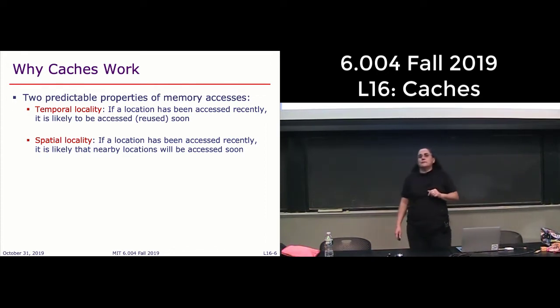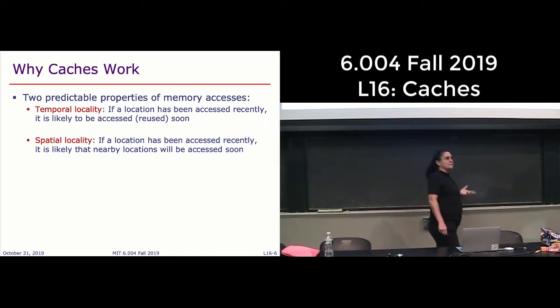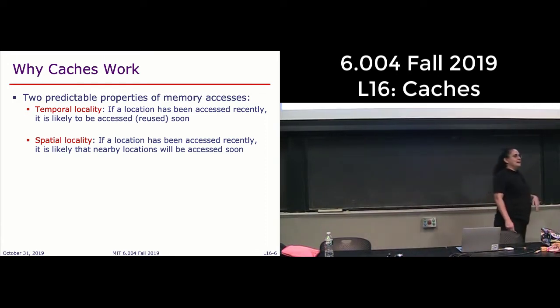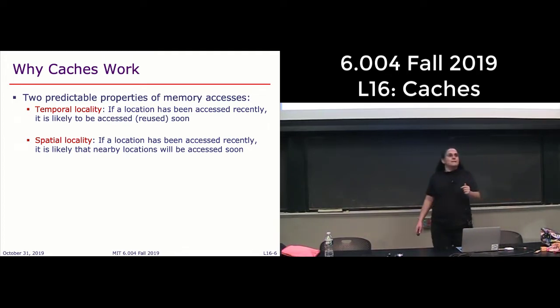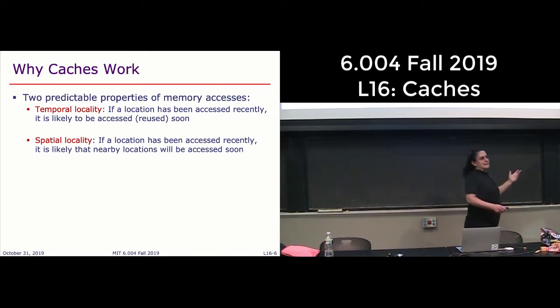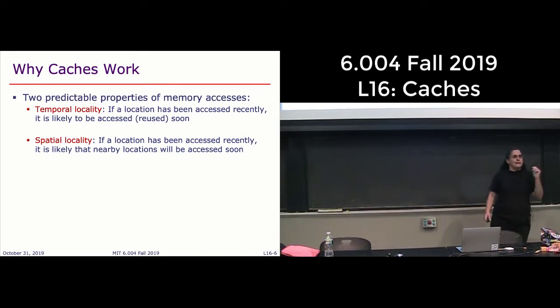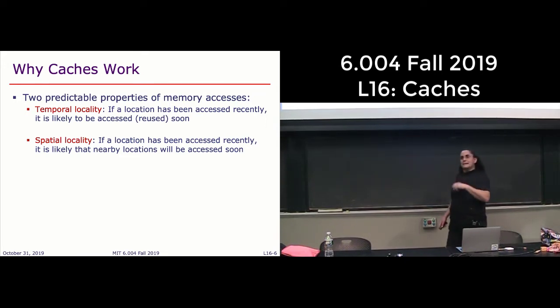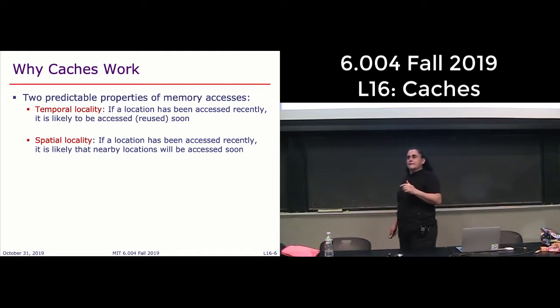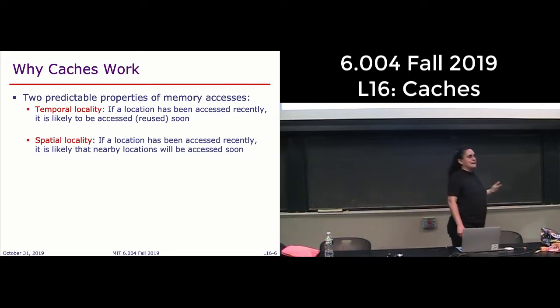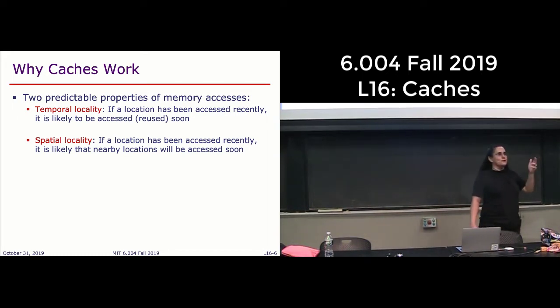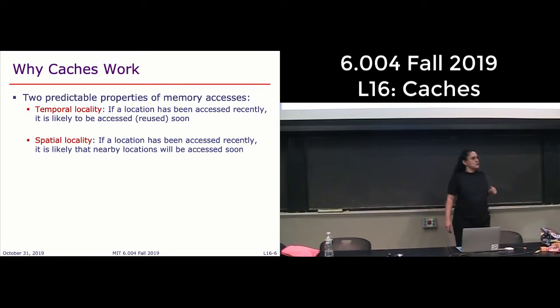The second type of locality is spatial locality. And what spatial locality says is if I'm accessing address X at any point in time, then I'm very likely to access an address that's near X, like X plus 4, in the very near future. And that one's pretty easy to see. If our code, for the most part, is sequential, so if I'm accessing an instruction at address 0x100, most of the time my next instruction is going to come from 0x104.